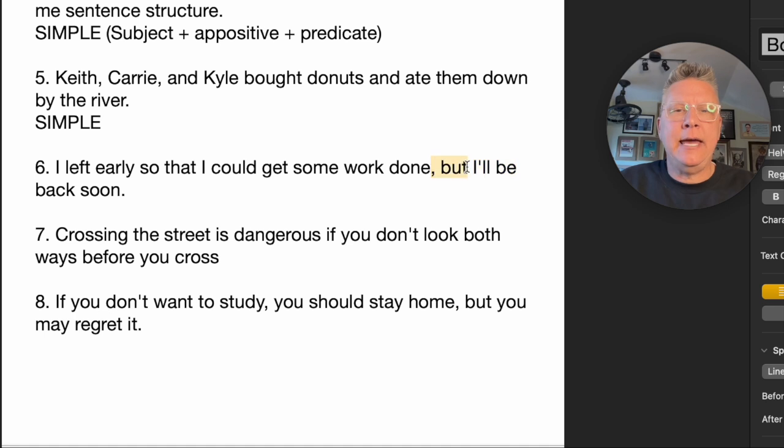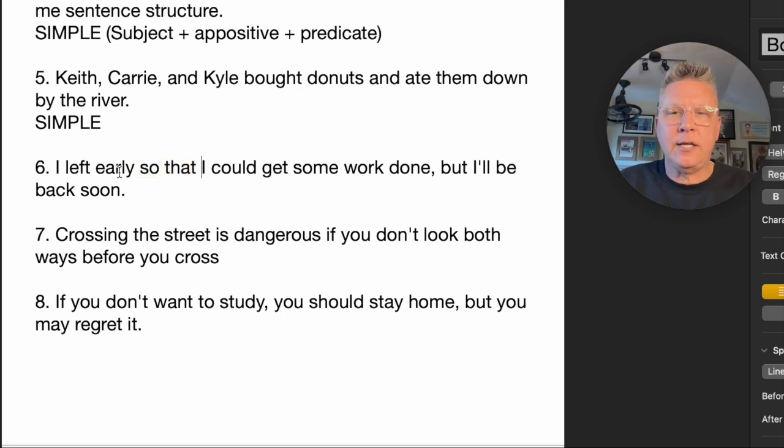Here is a comma conjunction, so this would make a compound. Here is a so that. That's a subordinating conjunction. So I left early is a simple sentence, and I could get some work done is a simple sentence, but the so that subordinating conjunction makes it a dependent clause.